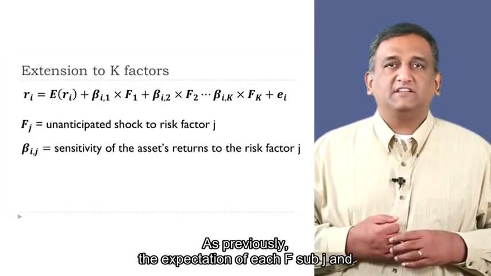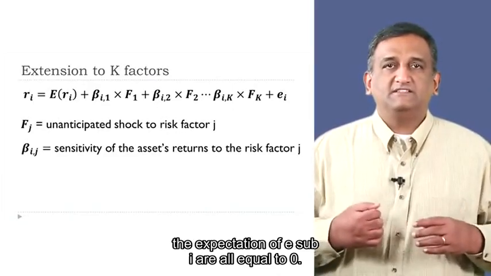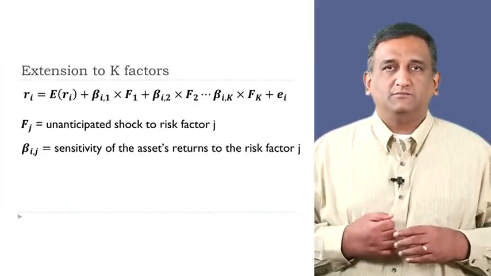As previously, the expectation of each F_j and the expectation of e_i are all equal to 0.